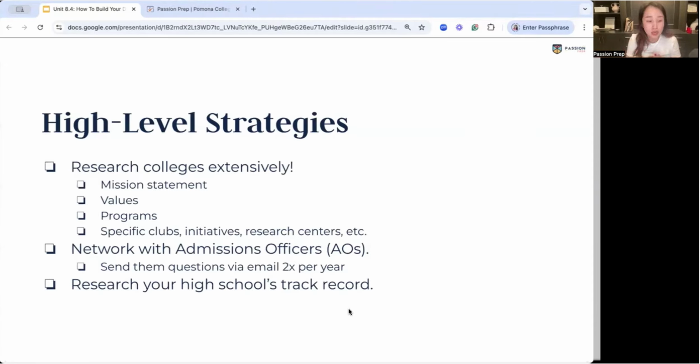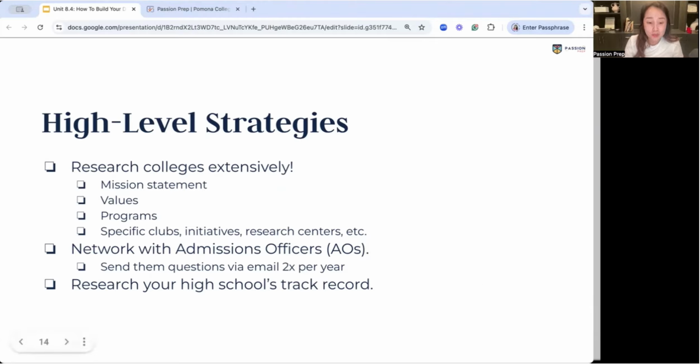Some students say, oh, yeah, at our school, we always have someone going into Harvard, like 2 students per year. So even if your dream college is UPenn, but your school never sent anyone to UPenn, your chances are slim. So we might want to change the strategy a little bit, at least for early decision or restrictive early action. So research your high school's track record. You could actually ask your guidance counselor about that. You are obligated to get that information, or you could ask your upperclassmen and see what they say as well.